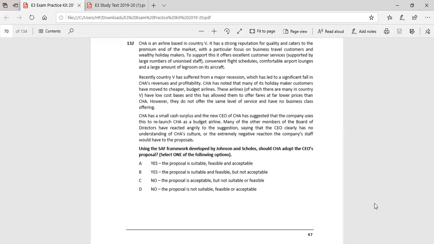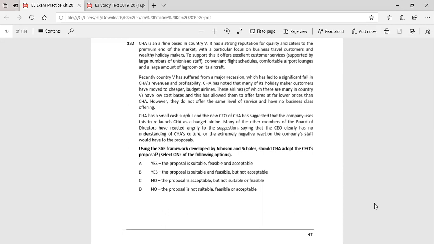CHA is an airline based in country B. It has a strong reputation for quality and caters to the premium end of the market with a particular focus on business travel customers and wealthy holiday makers. To support this, it offers excellent customer services supported by a large number of unionized staff, convenient flight schedules, comfortable airport lounges, and a large amount of legroom on its aircraft.